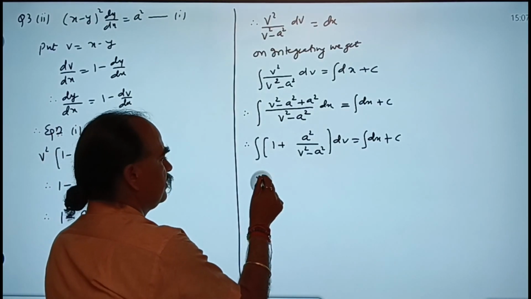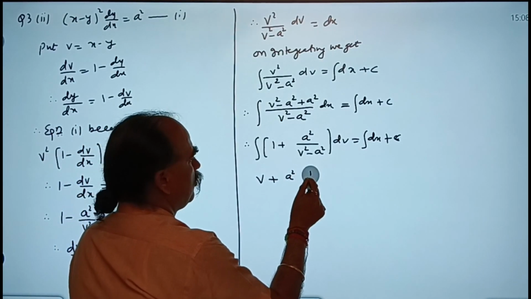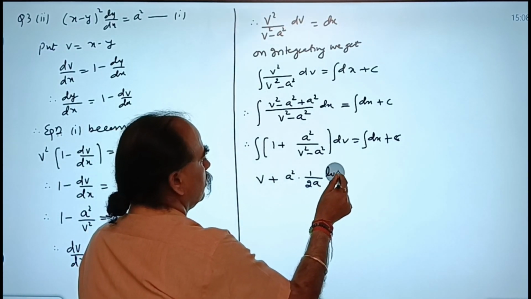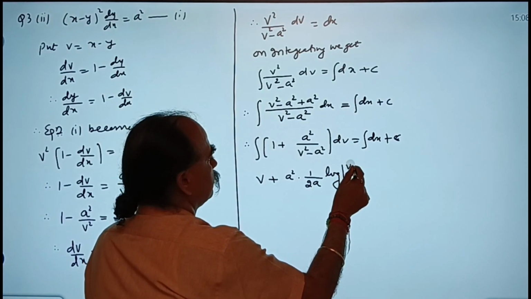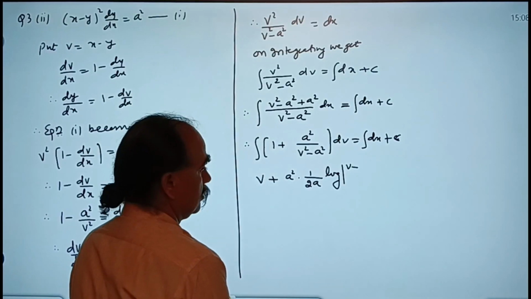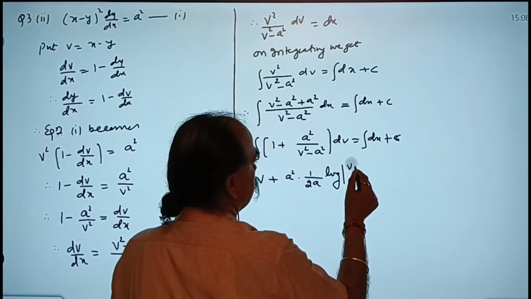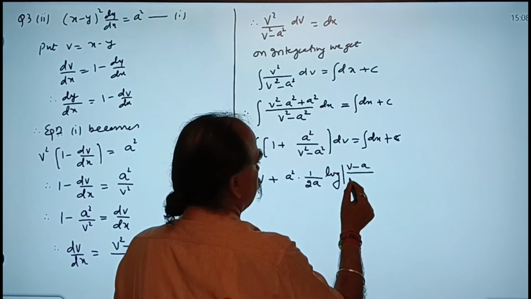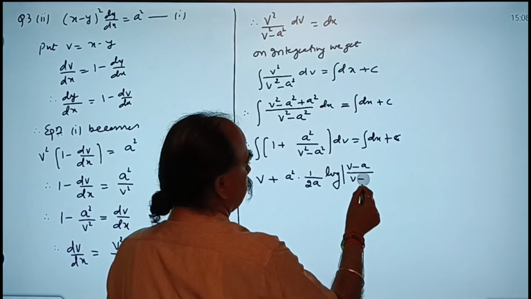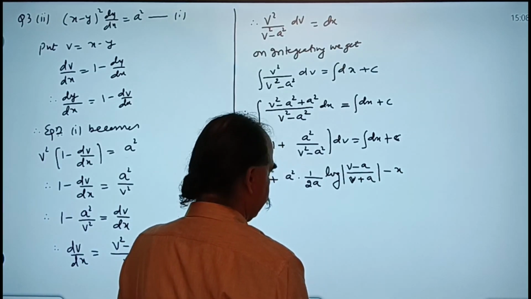Integral 1 is what? v plus a square into 1 upon 2a log v minus a upon v plus a, plus c.